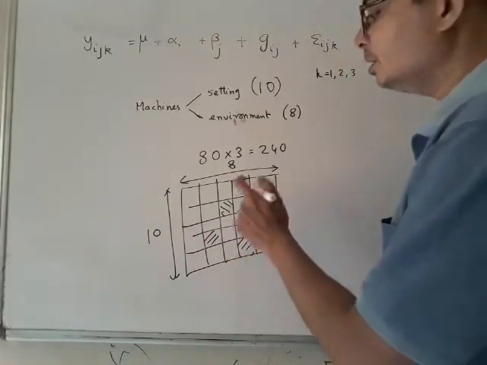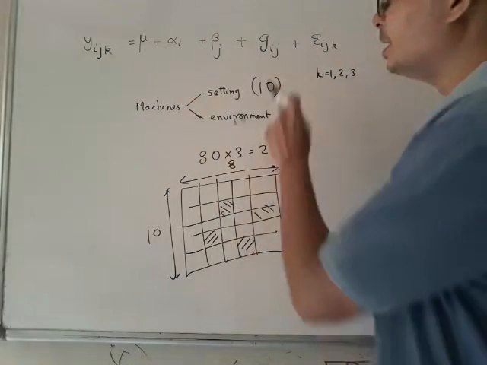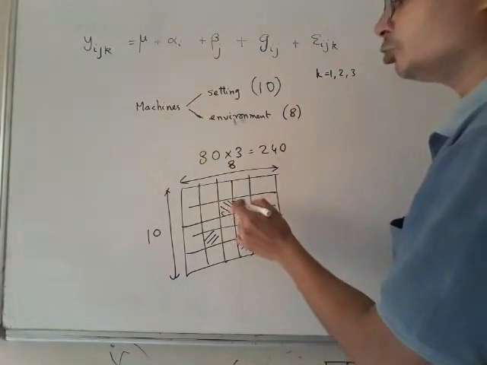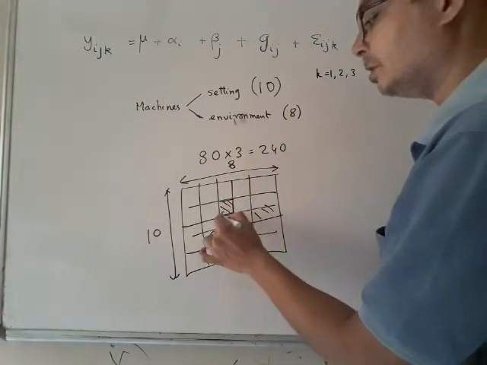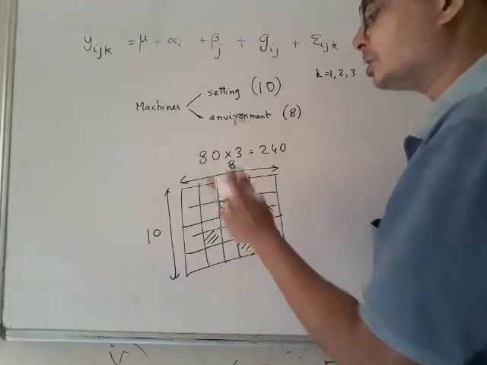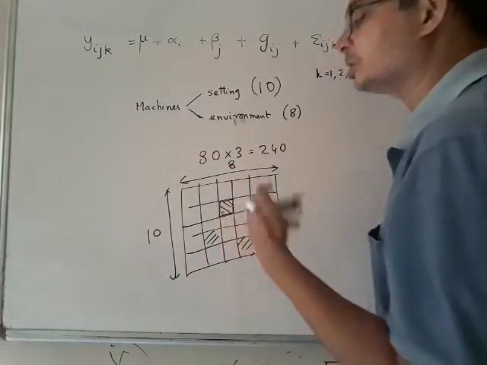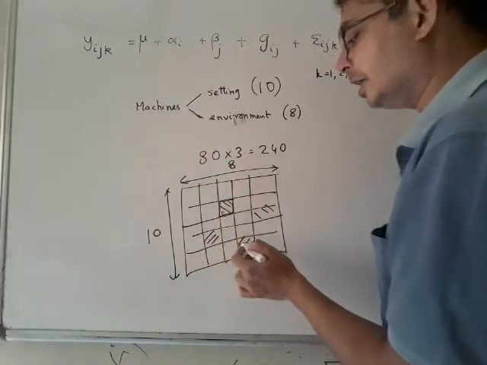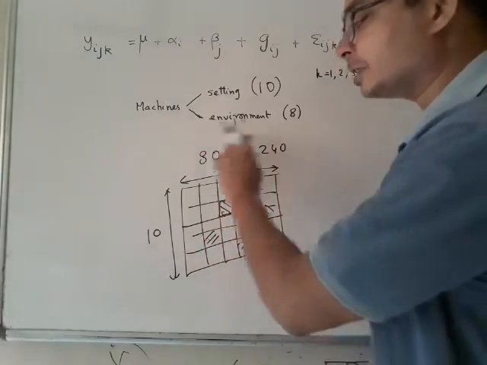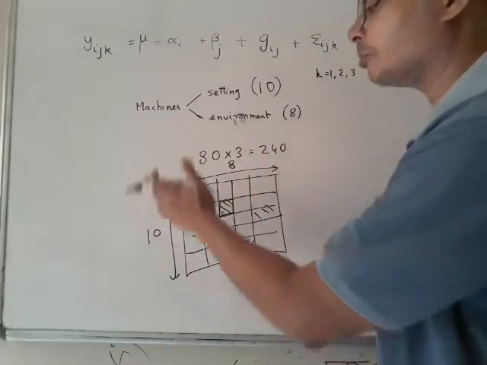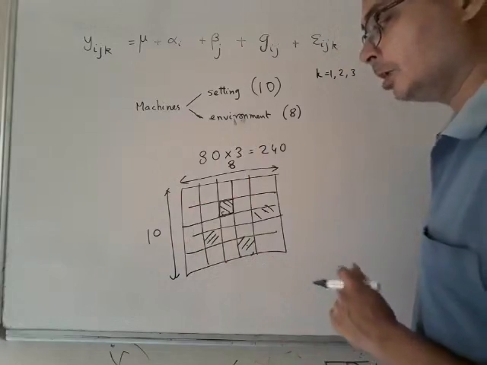And then you will carry out this experiment with k equal to 1, 2, 3 here. So you will take this combination and run the machines in this particular combination 3 times. Similarly here, here and here. These 4 are just chosen randomly out of all the 80 things.